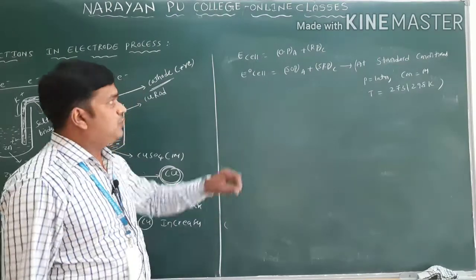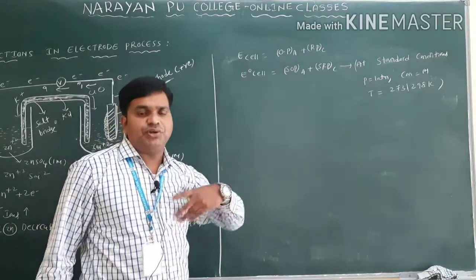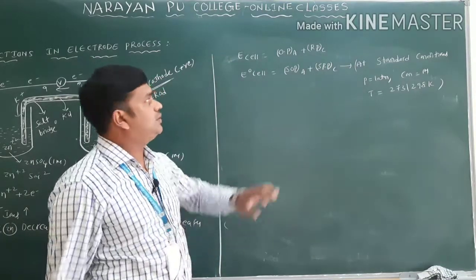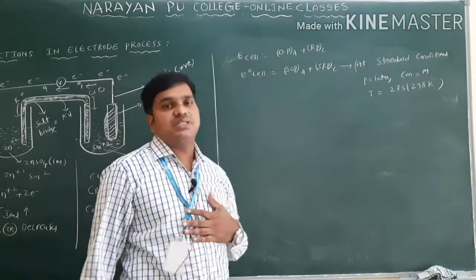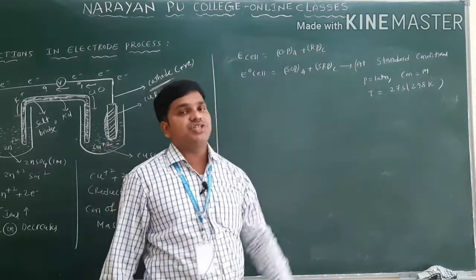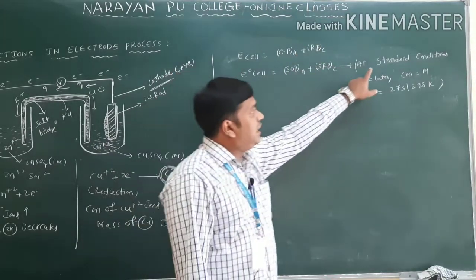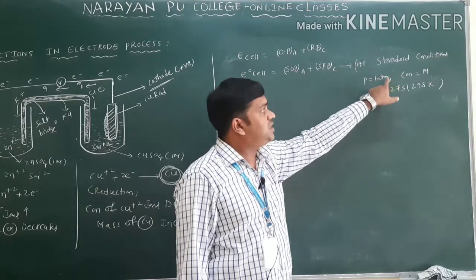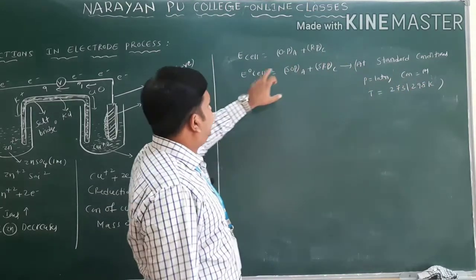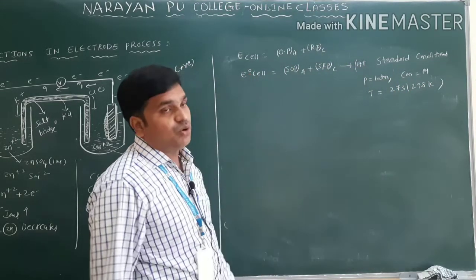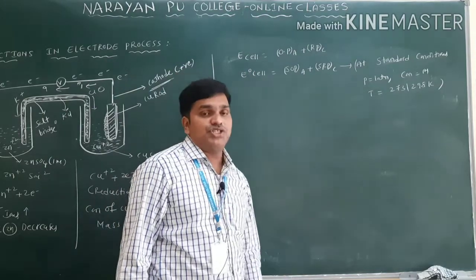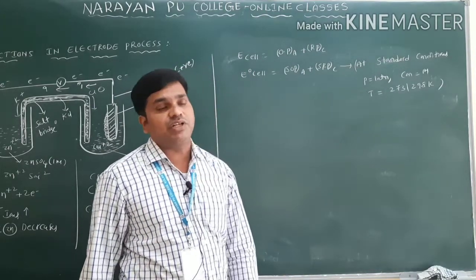If you want to find E cell for the given reaction, we can add anode plus cathode only. So here it is the oxidation potential at the anode and the reduction potential at the cathode at standard conditions. I already mentioned the conditions here. So at standard conditions, E naught cell is equal to standard oxidation potential plus standard reduction potential only.